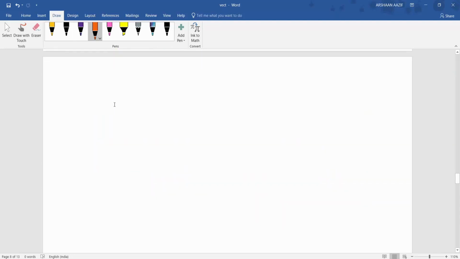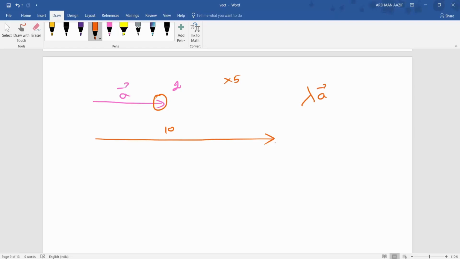Now, what happens when you multiply a vector with a scalar? I have a vector of magnitude 2. If I multiply this with a scalar, maybe 5, then my vector actually increases. The direction remains the same, whereas the magnitude of the vector increases. So we simply write it as lambda times a vector. Now, what happens if you divide?